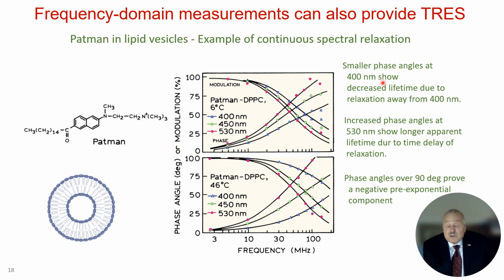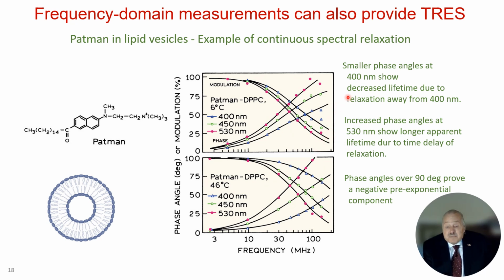So let's look at the frequency response. As you might remember, we can use either the phase or the modulation, and I'll just describe the phase. So the smaller phase angle at shorter wavelengths indicates a more rapid decay at the shorter wavelength, and the higher phase angle at longer wavelengths indicates the time delay due to solvent relaxation.